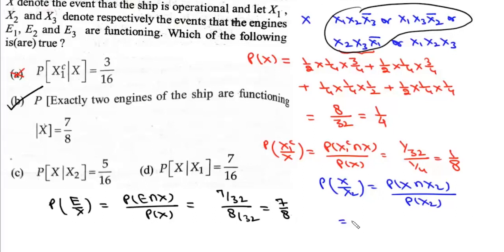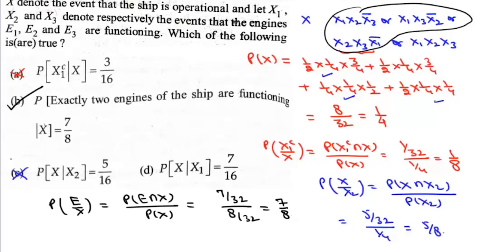If X2 is running and the ship is operational, it will be this first case, third case and fourth case, which is 5 by 32 divided by probability of X2, and probability of X2 is 1 by 4. So it will be simply 5 by 8. So that means this option C is incorrect.